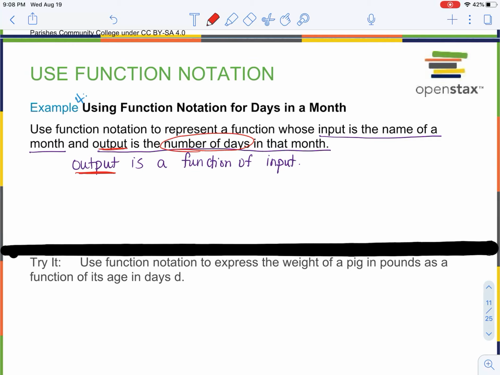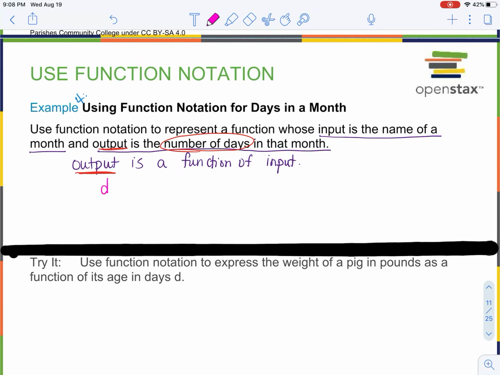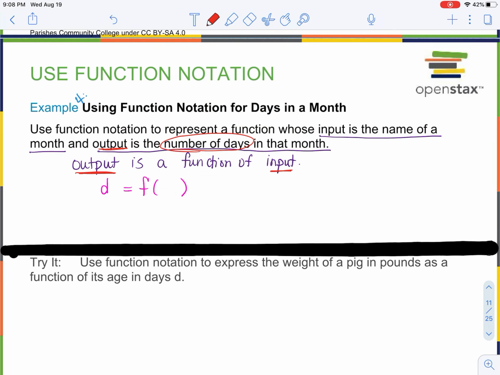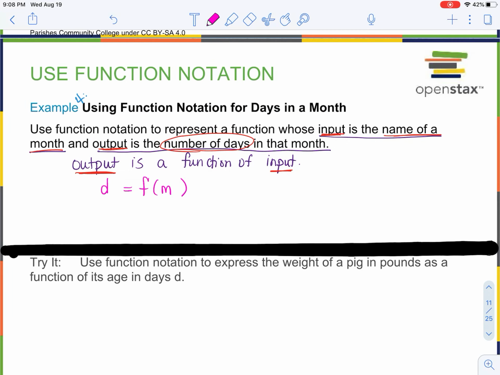We need to think of a letter to represent the number of days, and I think I'll use D, is a function of the input. And in this case, the input is the name of the month, so I'm going to use M.